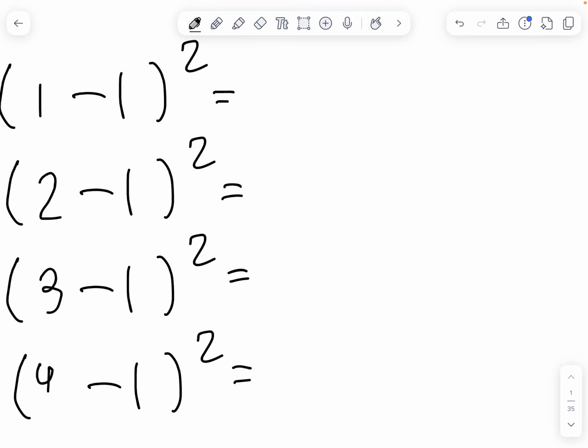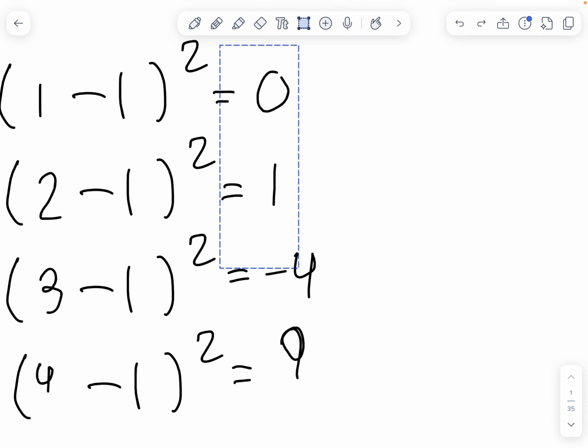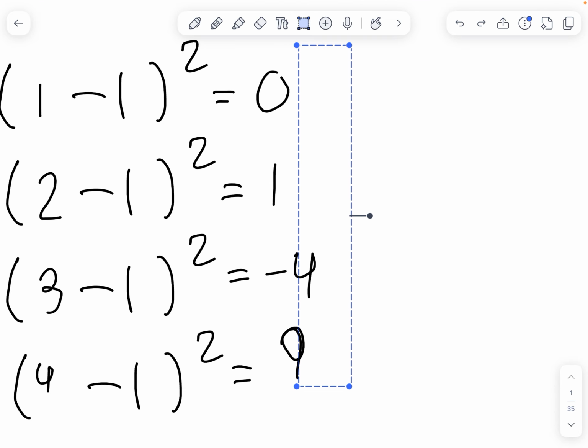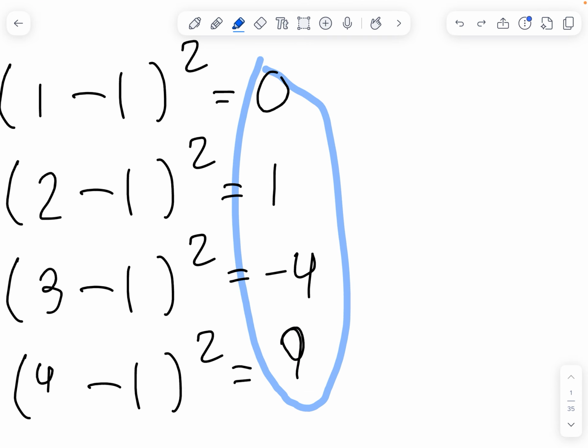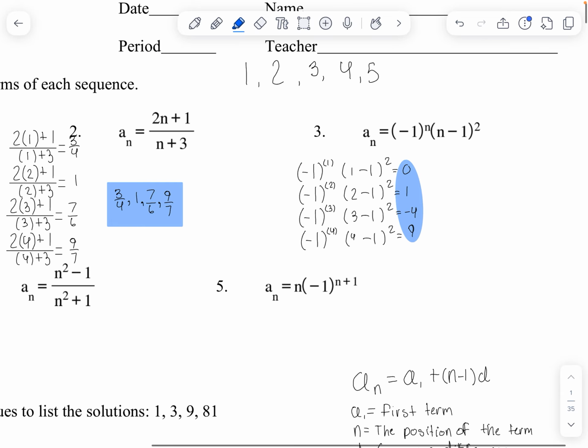Okay, now we plug in the values. So 0, 1, negative 4, 9. Oh yeah, you can't do that. That is our answer to the third question.